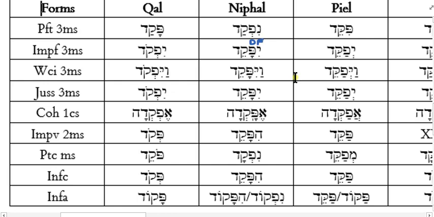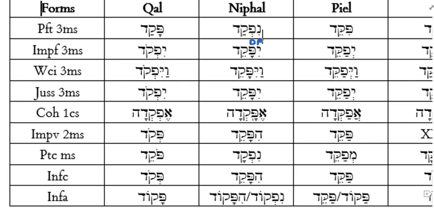So if we've already learned the Niphal imperfect, all we have to do for the Niphal WCI is add the vav prefix the way WCIs point the vav. So there's really nothing new here, nothing earth-shattering.